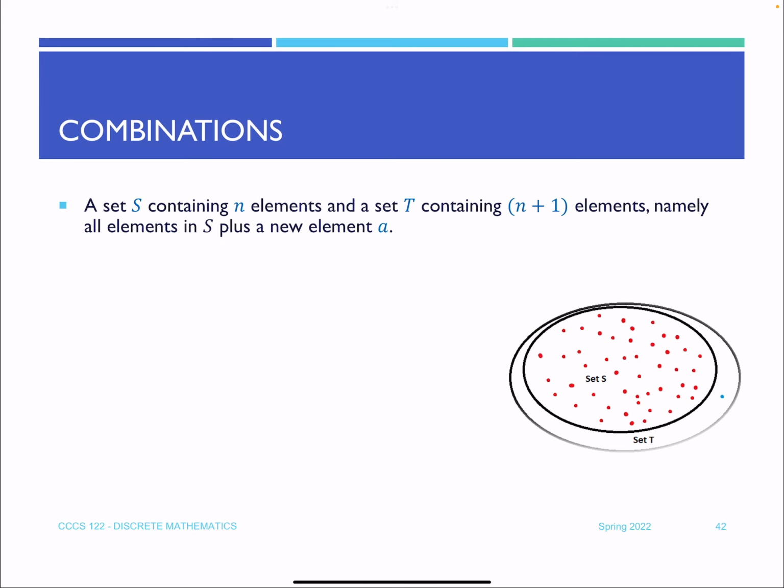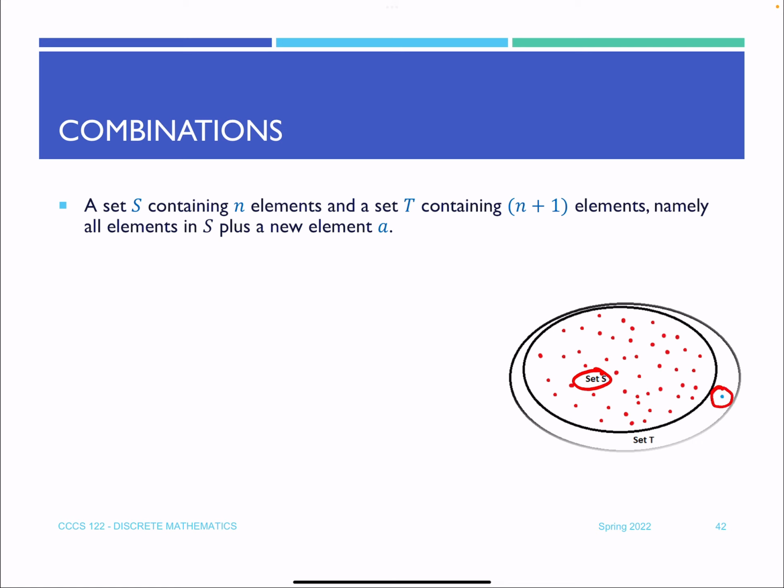Now, a set S that contains n elements, so set S over here is this inner set. Set S contains n elements already, and we define another set T containing all the elements of S plus one additional element.